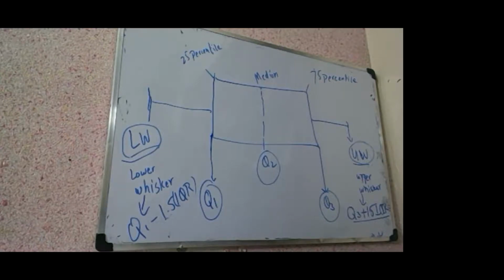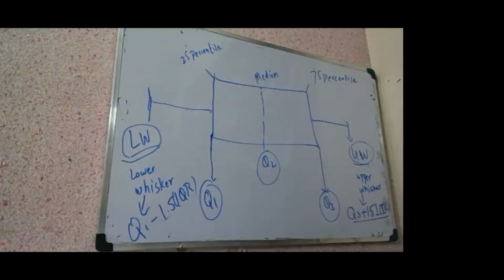You can also call it box plot. Why? Now it's easy. You can extract Q1, the first quartile. You know Q2. You can get Q3. You already know how to get these values for Q1, Q2, Q3, and this IQR.